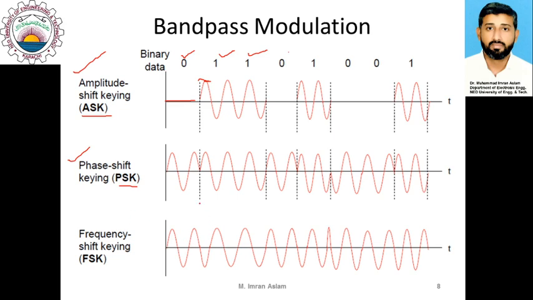Similarly, we may represent symbols by different frequencies. So we may have different frequencies used to represent different symbols. For 0 we use one frequency, for 1 we use another frequency, and so on. This type of modulation scheme is known as frequency shift keying.